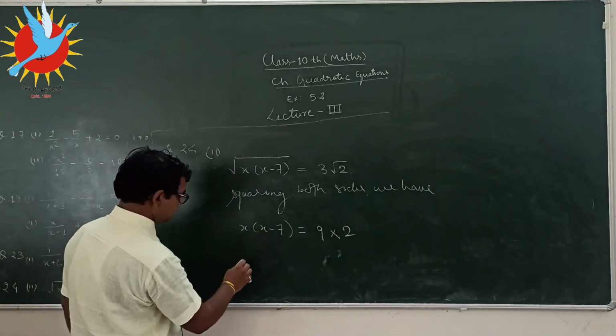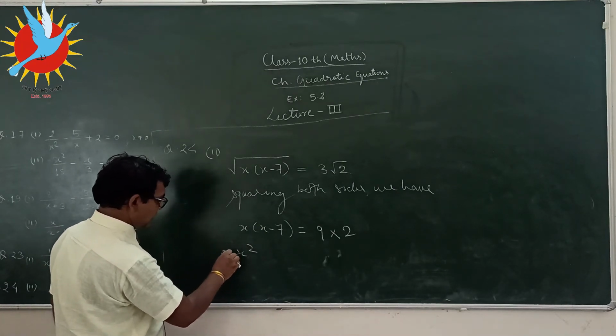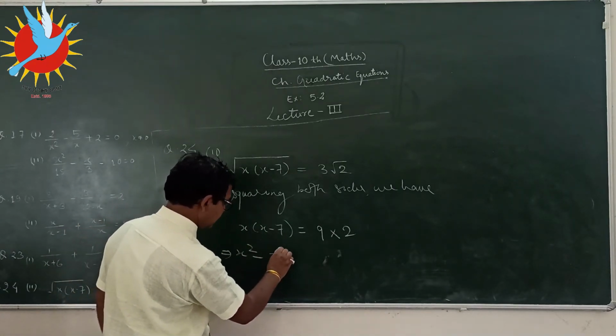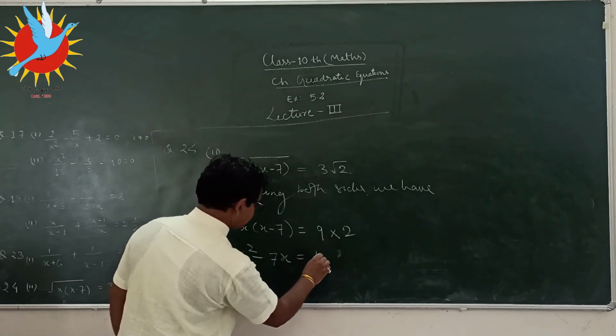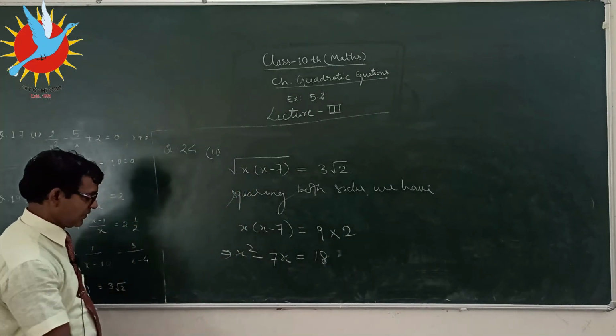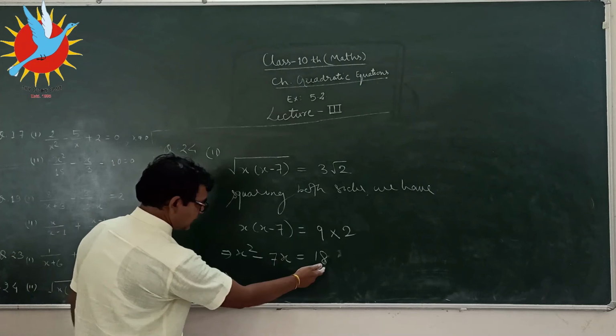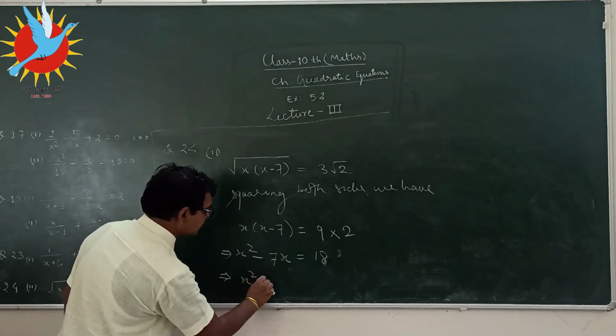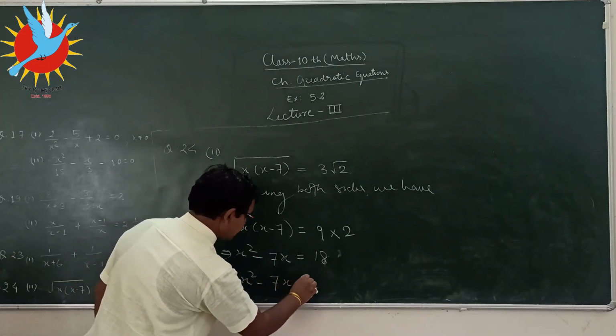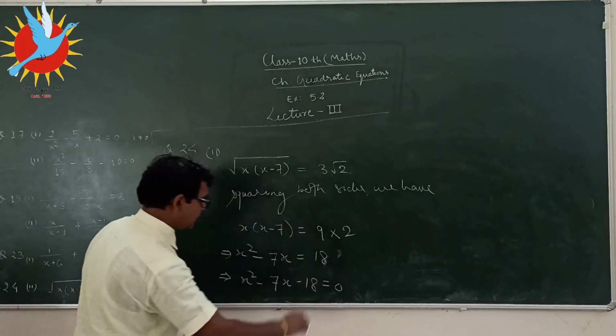Now multiply this. This will become x square minus 7x equal to 18. Now transpose 18 to the left hand side. We have x square minus 7x minus 18 equal to 0.